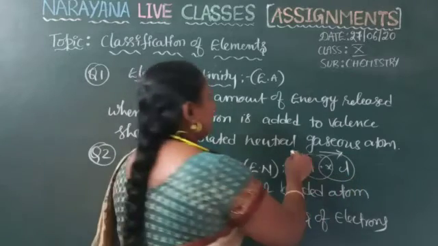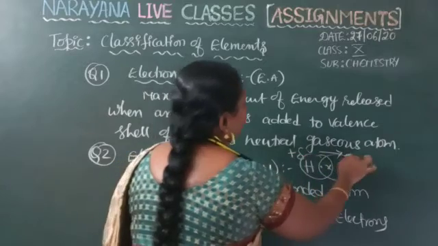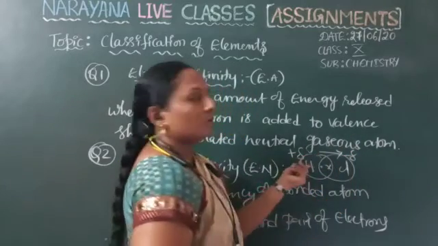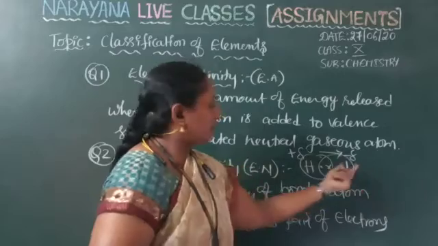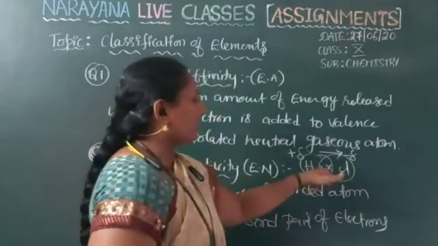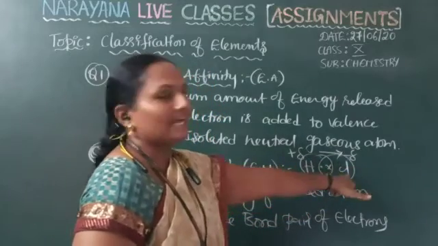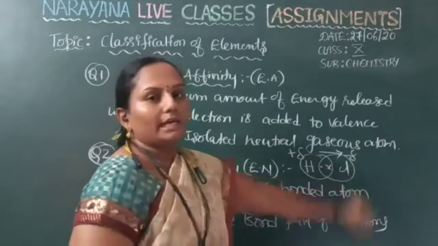Because of that attraction, they acquire partial charges: partial positive and partial negative. So the tendency of an atom to attract the bonded electrons towards itself is called its electronegativity.